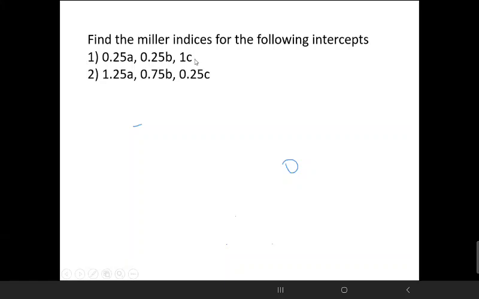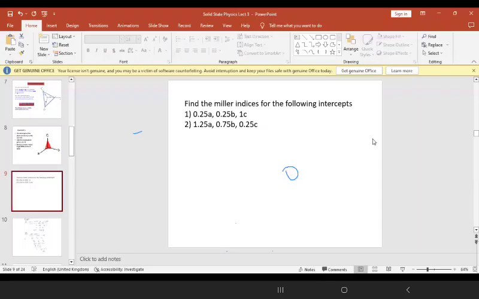Question number 1: the intercept points are 0.25a, 0.25b, 1c. Here a, b, c are vectors. Second question: 1.25a, 0.75b, 0.25c. Please find out the Miller indices and send me the answers via the chat box.